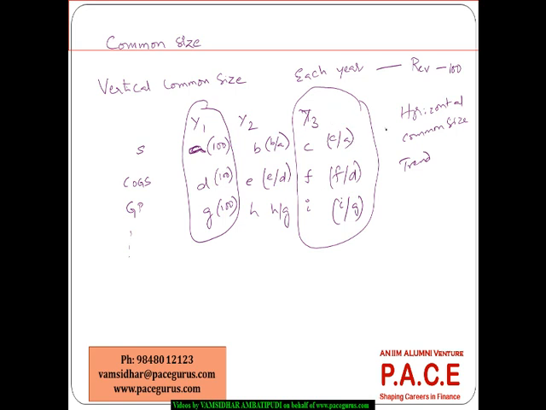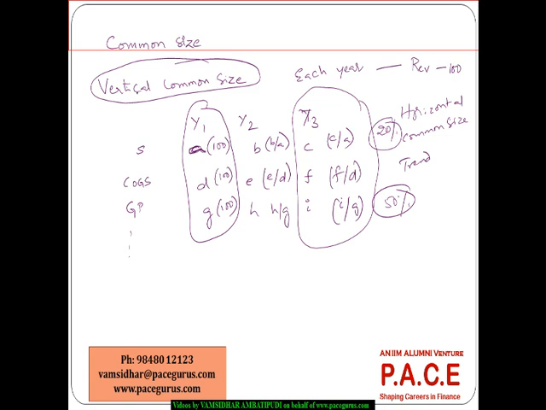Probably it might so happen that the sales have gone up by 20%, but the gross profit has gone up by 50%, or any such kind of things could be there. So this is a horizontal common size, but the most common size analysis that is typically done is vertical.